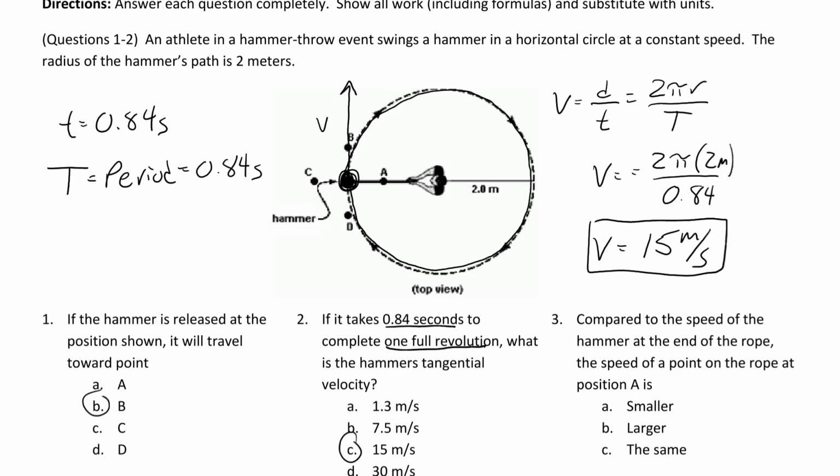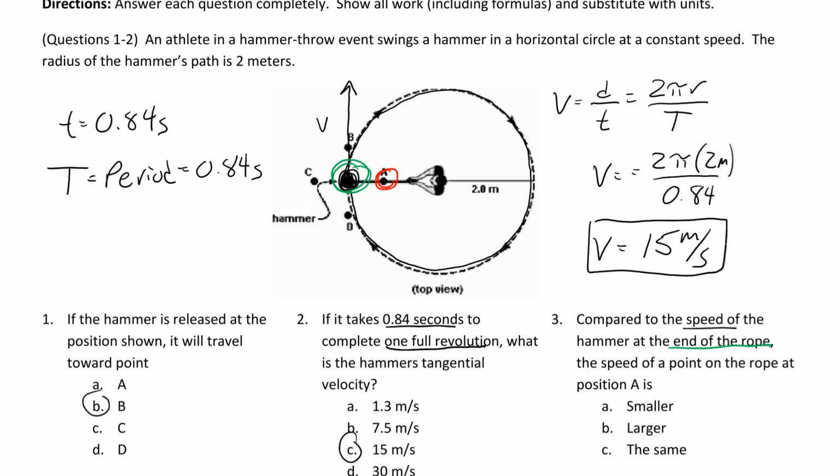Number 3 says, compared to the speed of the hammer at the end of the rope, meaning this position right here at the end of the rope, the speed of the point on the rope at position A is, so here's position A. So compare the speed at the position right here and position A. Which one's faster?